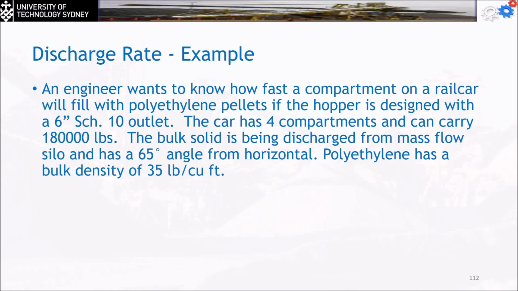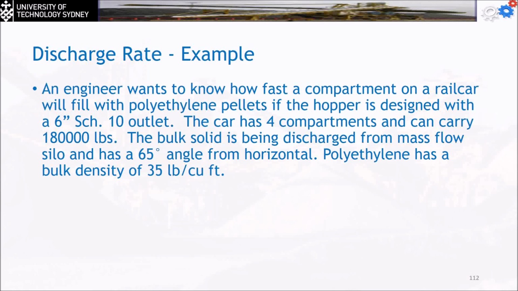The bulk solid is discharged from the mass flow silo and has a 65-degree angle from the horizontal. The polyethylene has a bulk density of 35 pounds per cubic foot. The challenge here is the units. Just remember that this angle, 65, should be divided by 2, because it is from the horizontal.